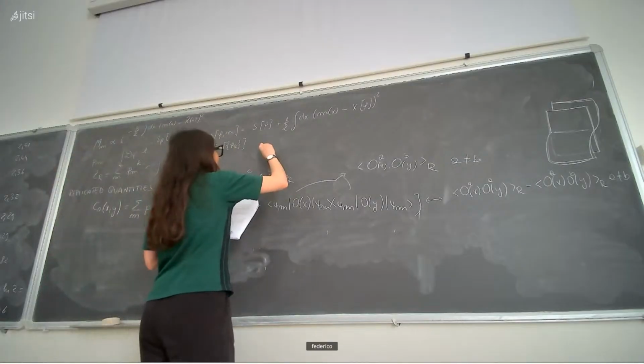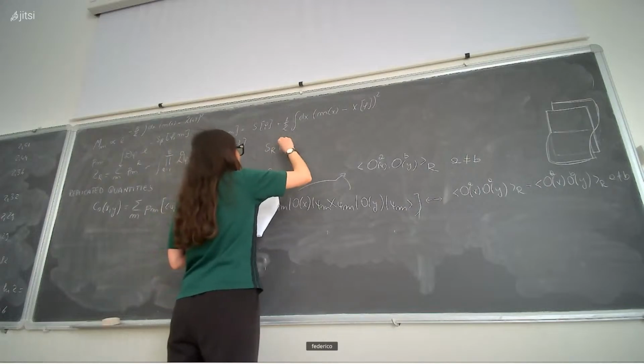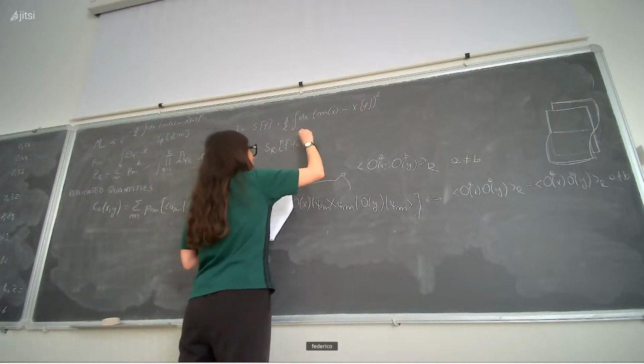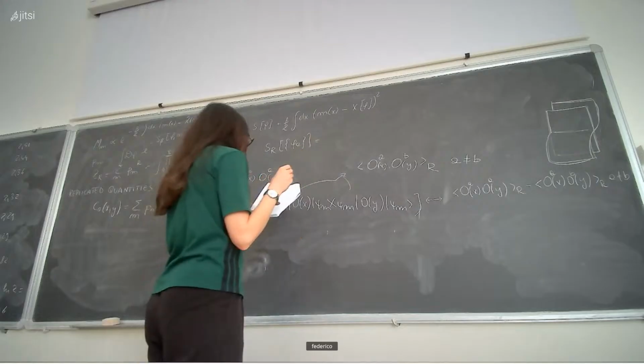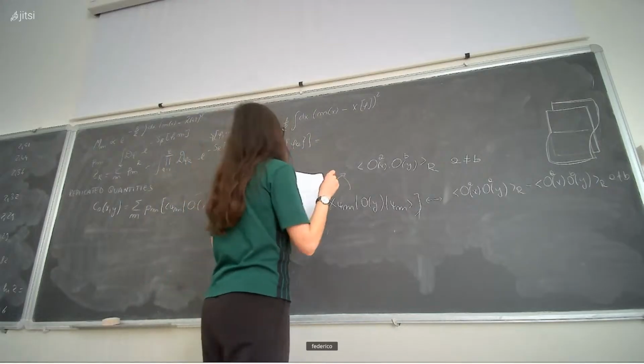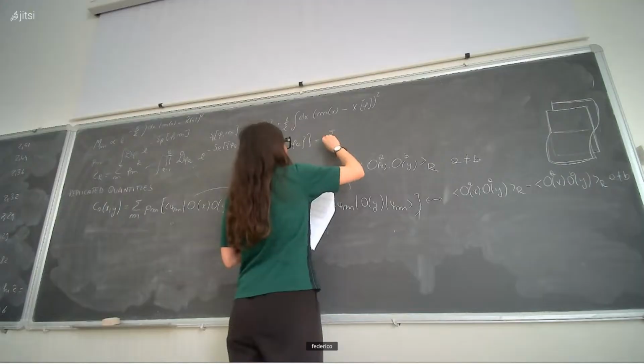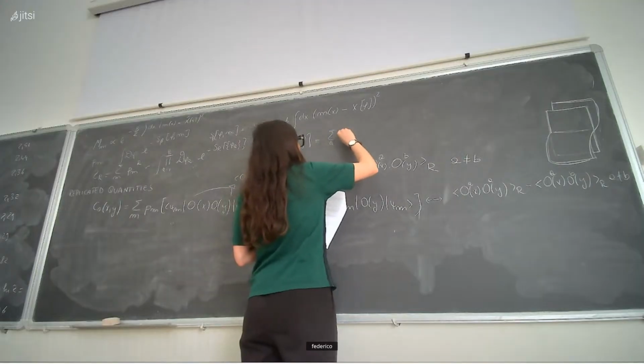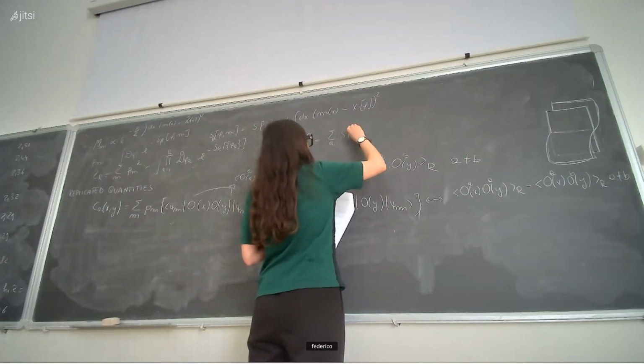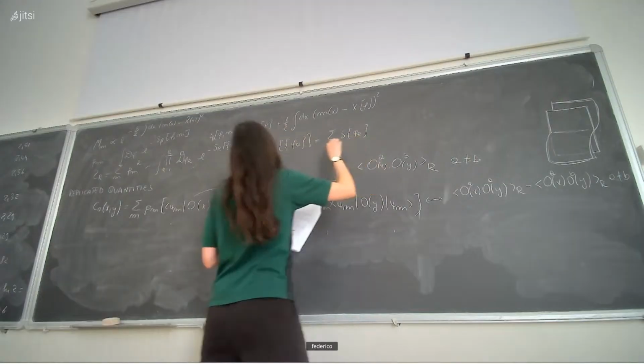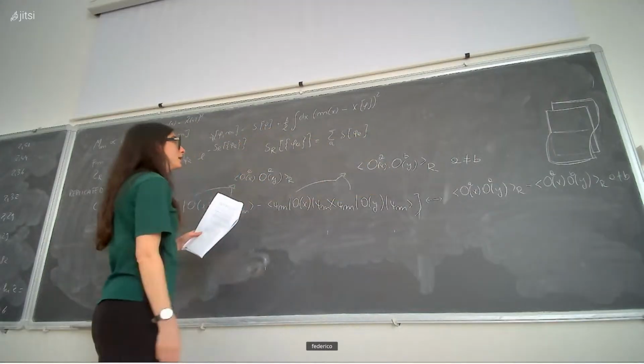So it is a replicated action. Basically it depends on the sum over A of S of phi A, the action term by term.